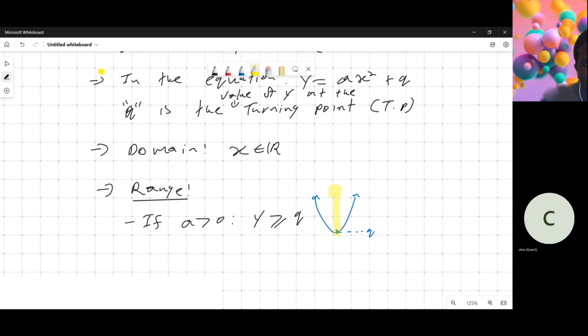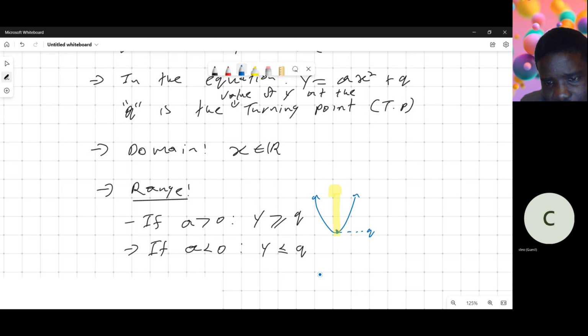And then if it's a set phase, if A is negative, then your range will be Y is less than or equals to the value of Q. If we look at the shape of the graph, it will be like this. This is the value of Q, and then it's going down.